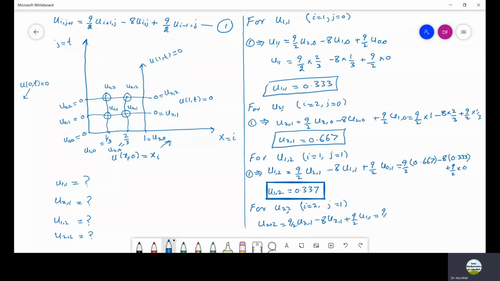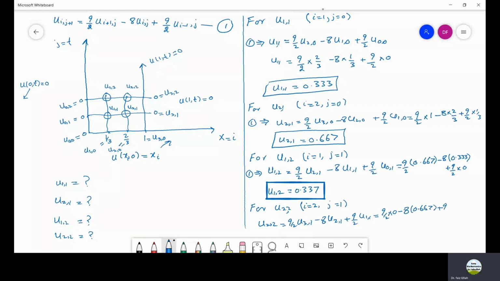So this is 9 by 2 into 0, the value of u3,1 is 0. Minus 8 u2,1, the value of u2,1 we have just obtained, this is 0.667.